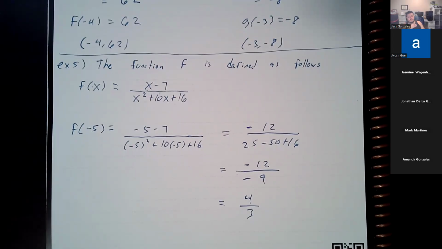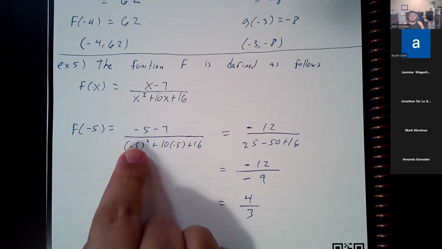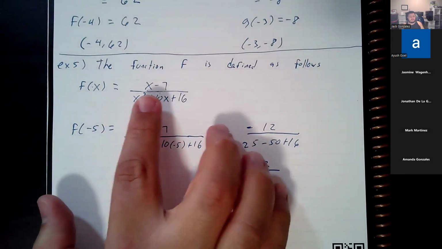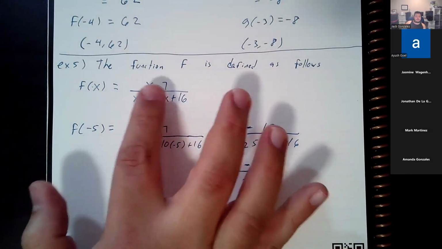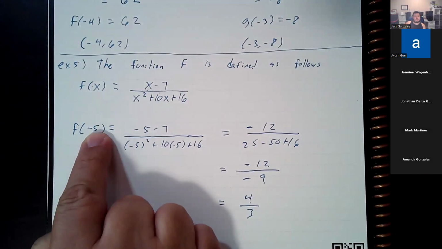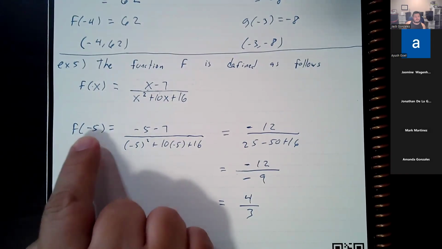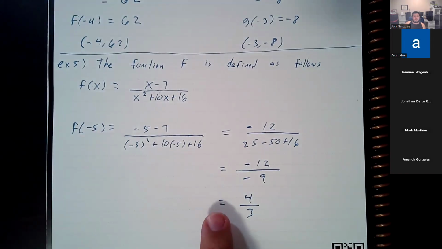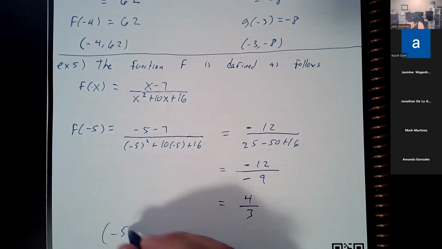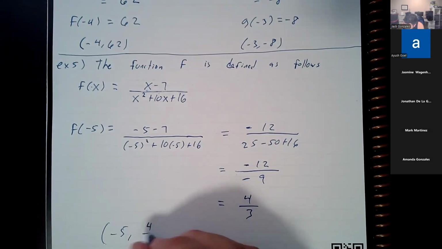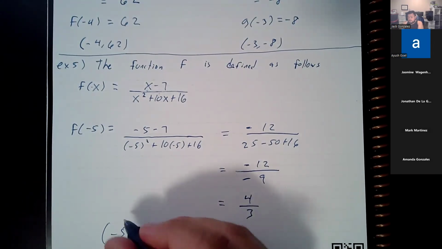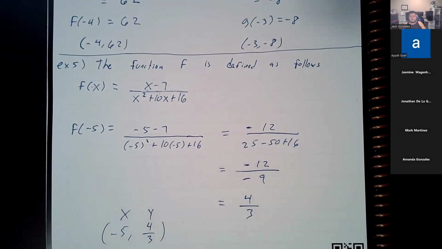But you see the idea is pretty straightforward, right? Just plug it in wherever you have an x. Here's all the x's. They said f of -5. The -5 is my input. 4/3 is the output. In other words, we have the point -5, 4/3. Any questions with example 5?